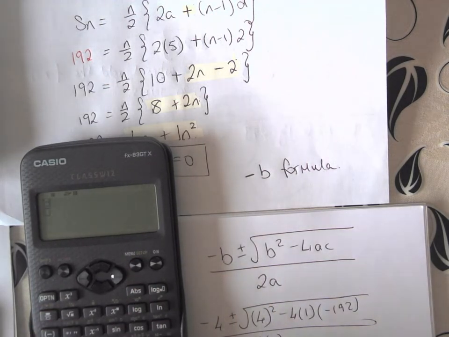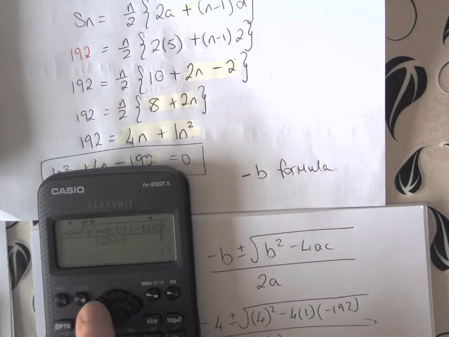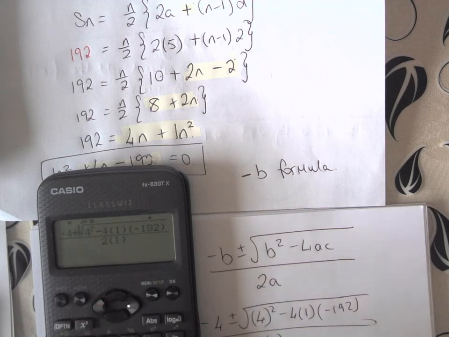So minus 4 plus the root of 4 squared minus 4ac all over 2a. So n is equal to 12, and then just arrow back through and change the plus in front of the square root to a minus for your other answer. Or n is equal to minus 16.